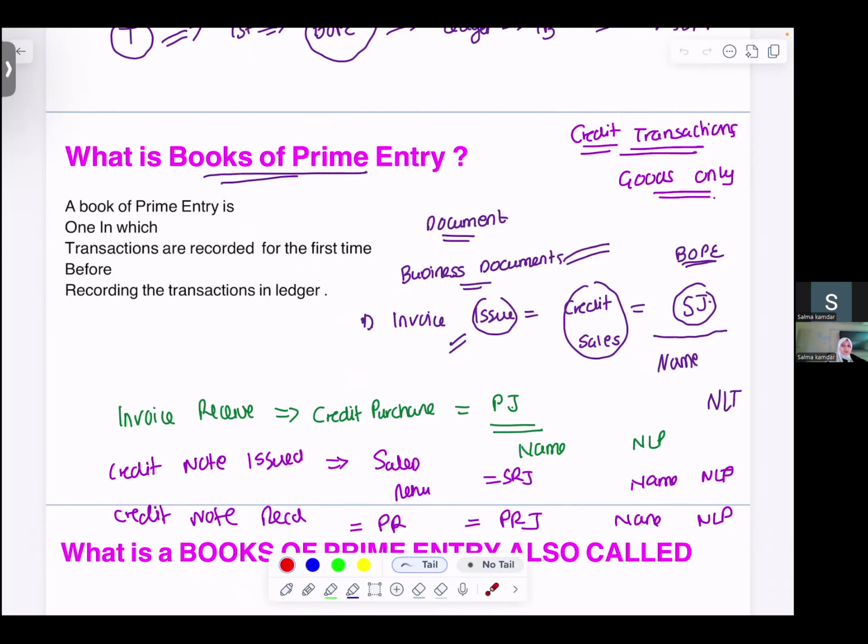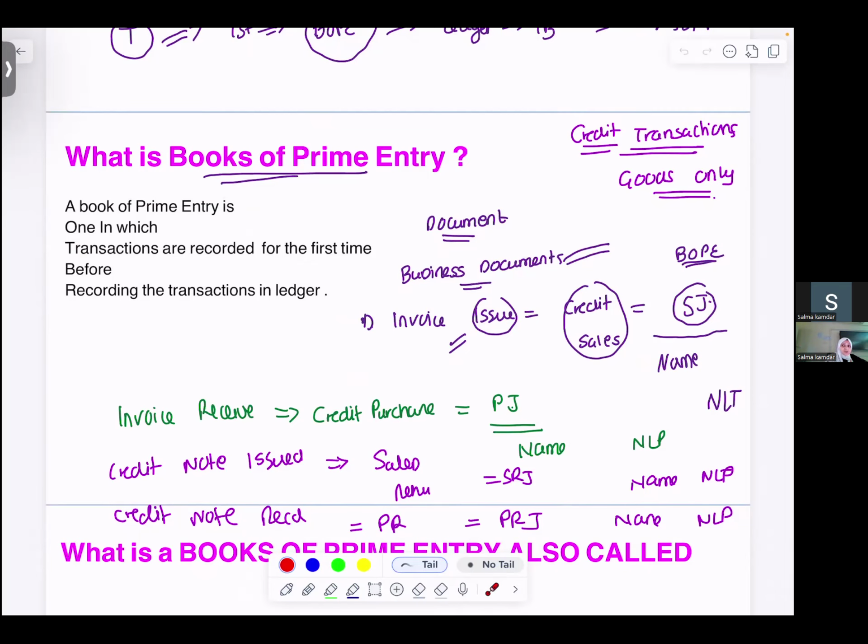Transactions should be related to goods. So, if your business document is an invoice issued, you will record credit sales. In which books of prime entry? In the sales journal.